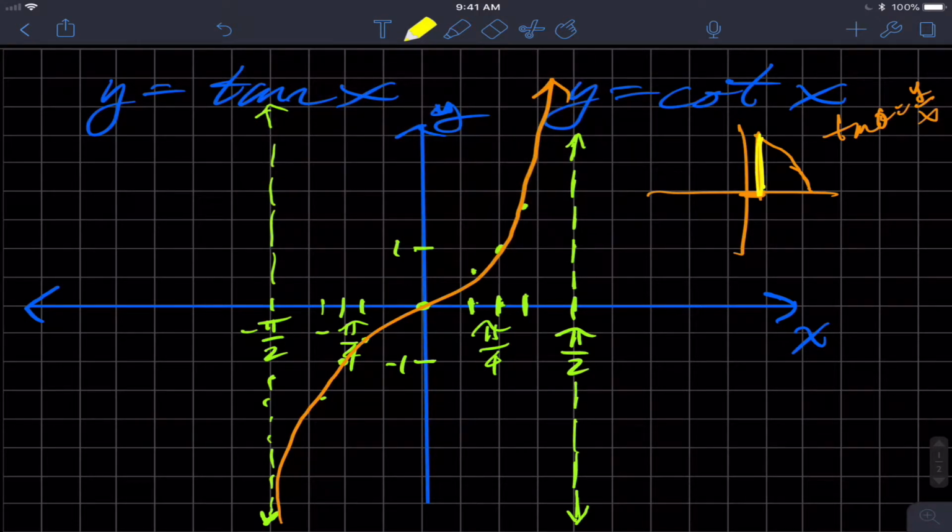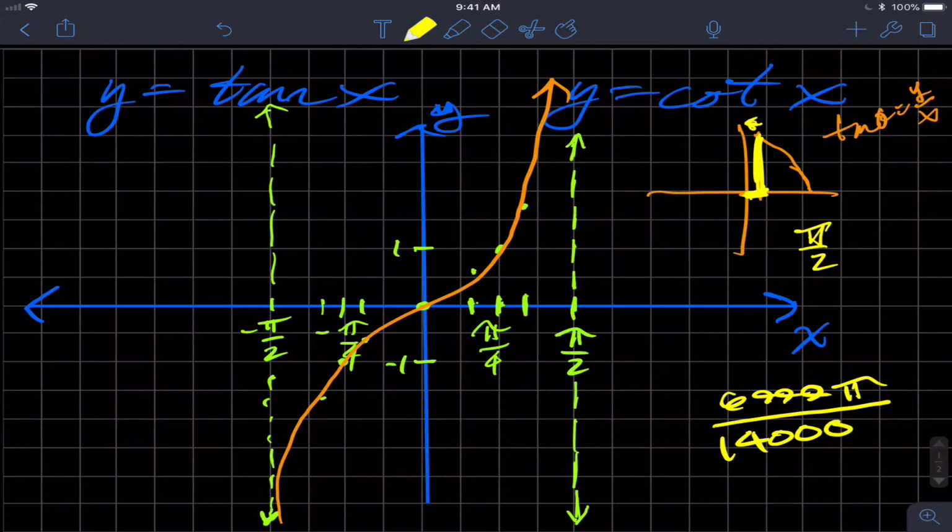And so that becomes a much larger number. As we get closer and closer to 90 degrees, think about 6999 pi divided by 14,000 pi. That's not quite pi over 2, but it's wicked close. This y value is really tall compared to this tiny little x value.